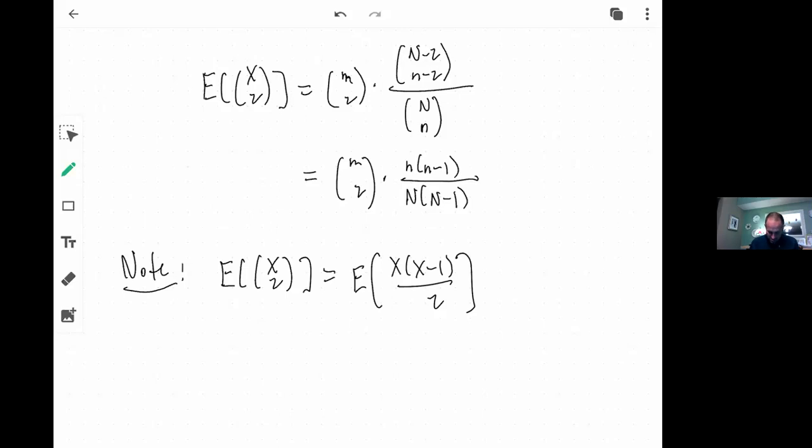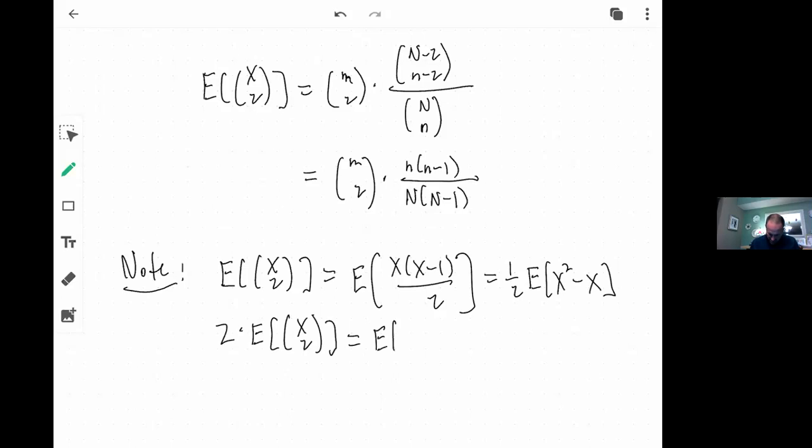And this is just equal to one half the expected value of x squared minus x. So in other words, 2 times the expected value of x choose 2 is equal to the expected value of x squared minus the expected value of x.